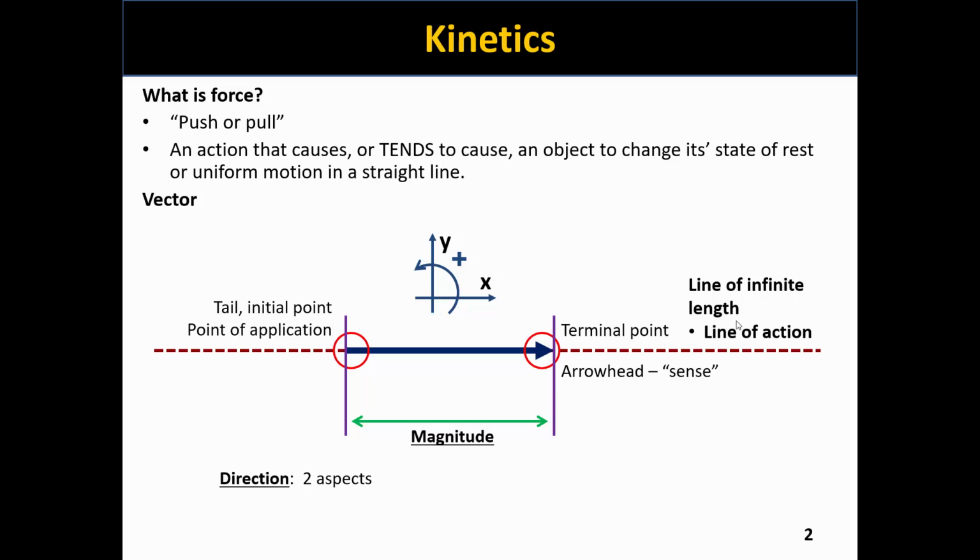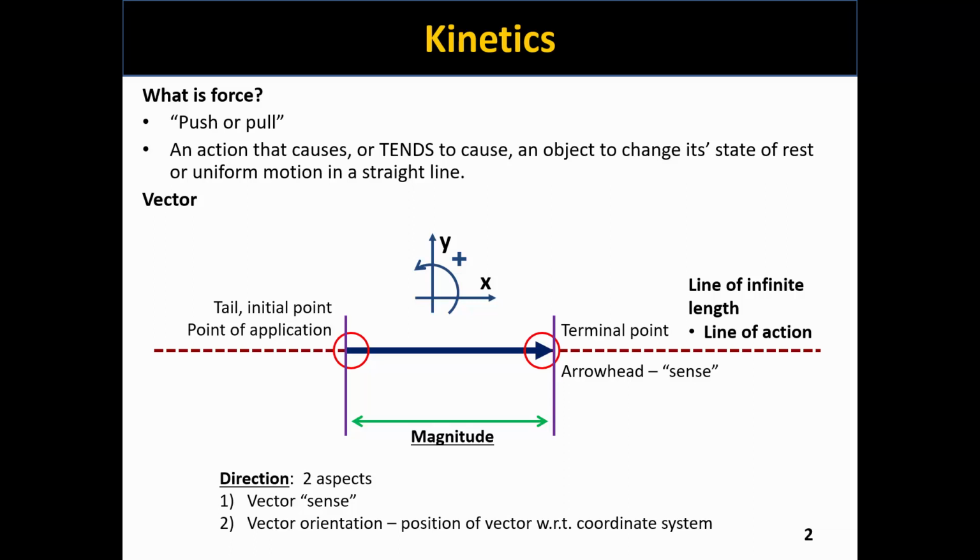The direction of the vector has two aspects to it. The first one, as illustrated here in the middle of the slide, is the vector sense, and that's indicated by the placement of the arrowhead. So the vector sense here would indicate that the vector is directed to the right. If we took the arrowhead and put it on the other side, then we would say the vector is directed towards the left. The second aspect to direction is what's called vector orientation.